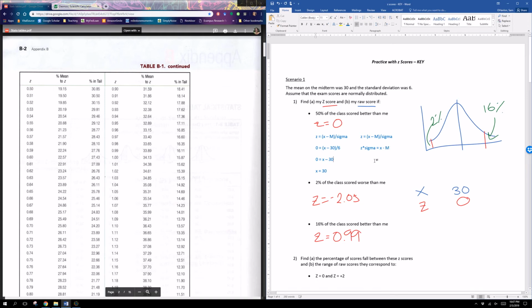So then we get z times sigma plus m equals x, and flip it around just so that we've got x on the left.